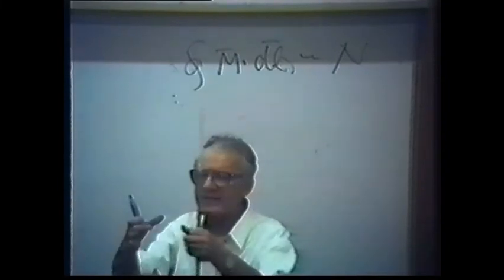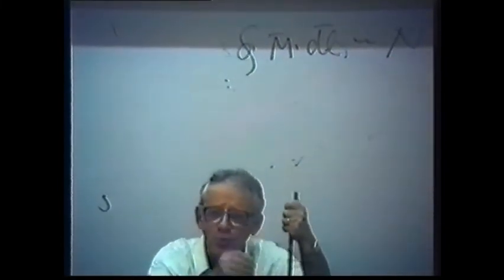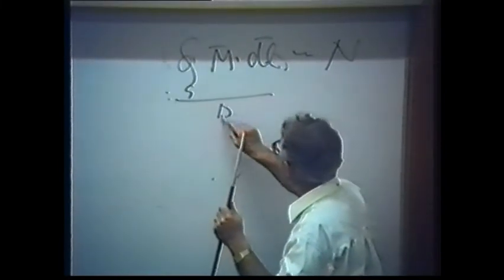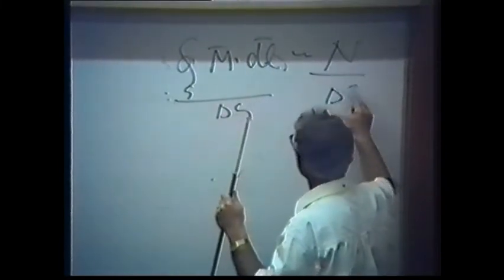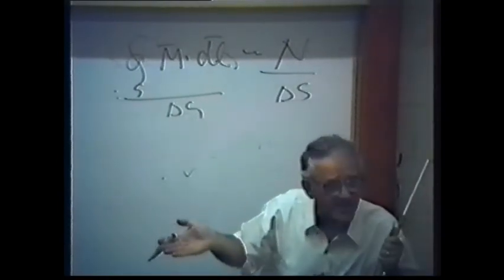Now, if you take a small contour, so small that the vortexes are distributed uniformly, you remember masses distributed uniformly. Therefore, if the contour is small and you divide by area, it will give you the density.